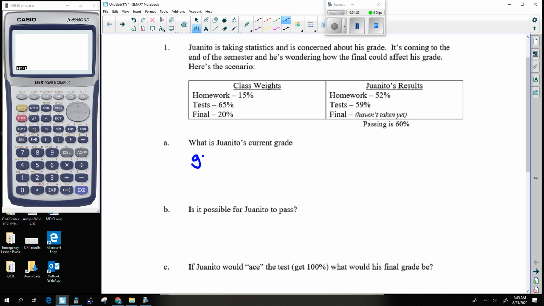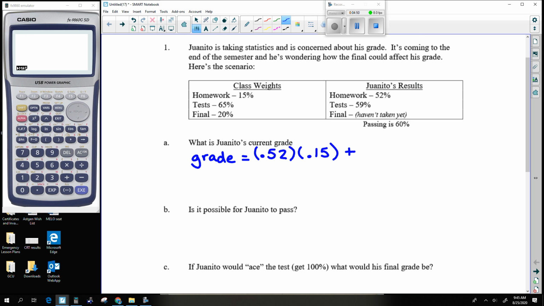What Juanito's current grade is going to be is we multiply the score with the weight. So let's begin with homework. Homework is 52, let's say 0.52, 52% multiplied by the weight of homework.